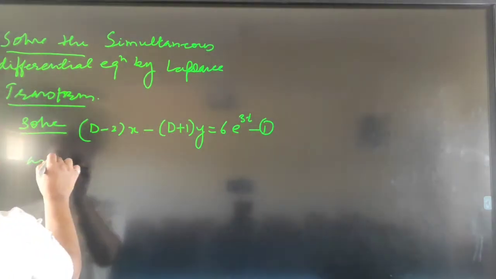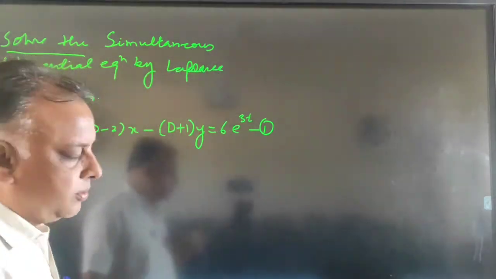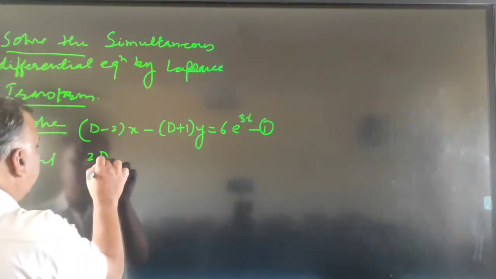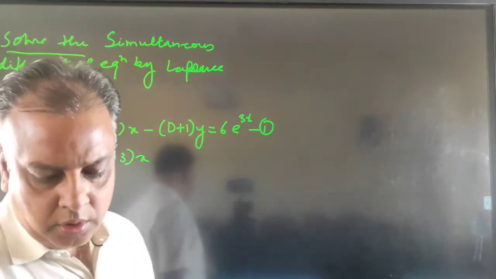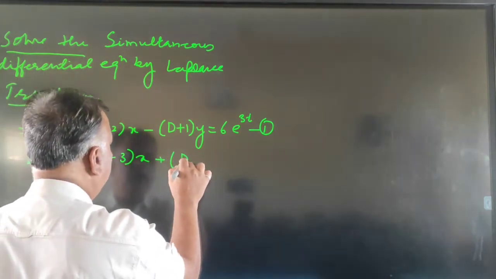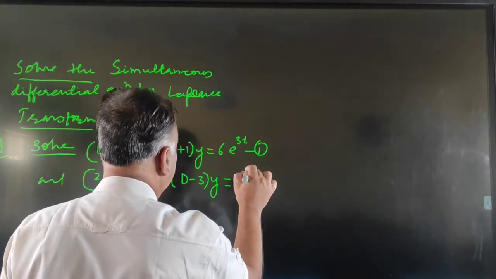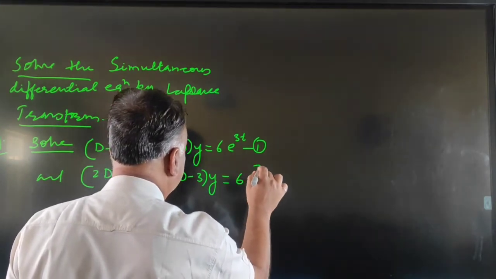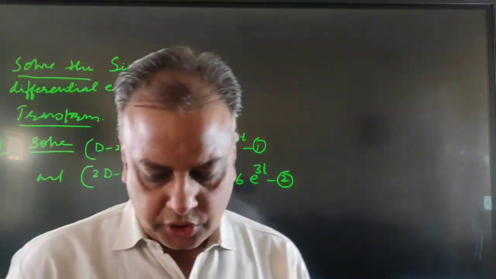And the second equation is (2D - 3)x + (D - 3)y = 6e^(3t), equation number 2.